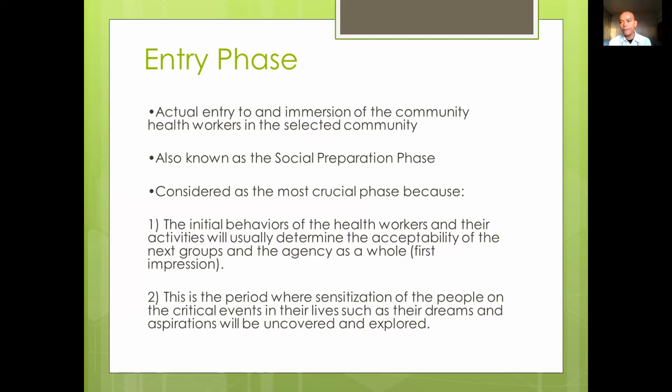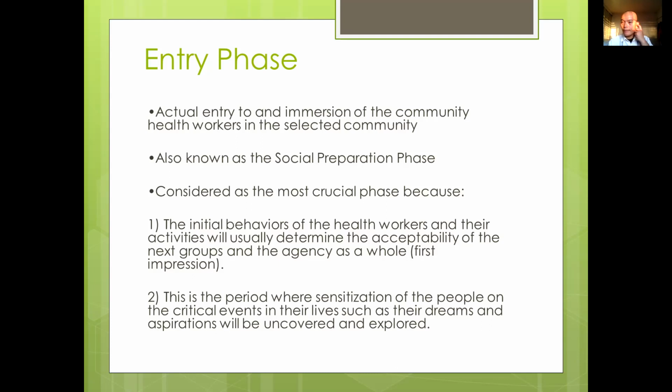So before the entry phase, we had the pre-entry phase, which was a lot of preparation, preparing to choose what community we are going to. Remember the criteria. It must be a poor community. It is a community that has requested people to come into their community to give help regarding their health concerns. So they must be receptive of the things that we want to implement in the community.